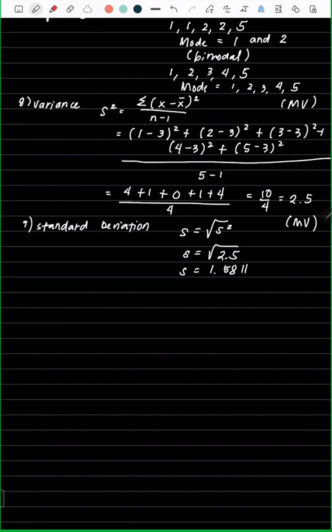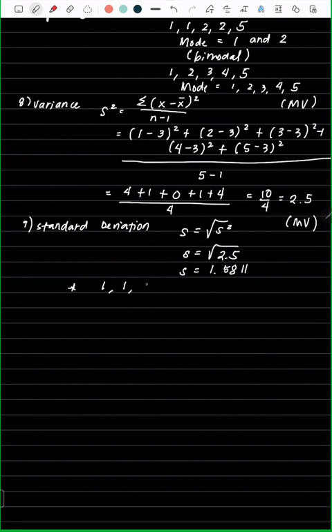So S is the square root of 2.5, and our standard deviation would be equivalent to 1.5811. Therefore, our data suggests, according to our standard deviation, that the data are 1.5811 far from each other.